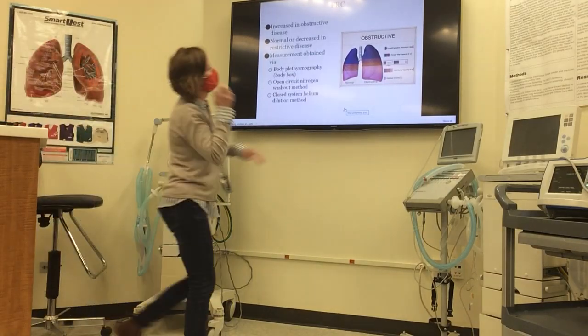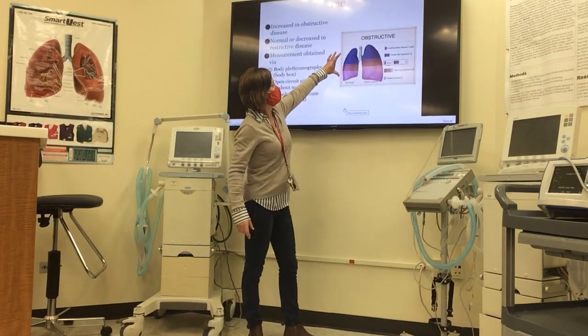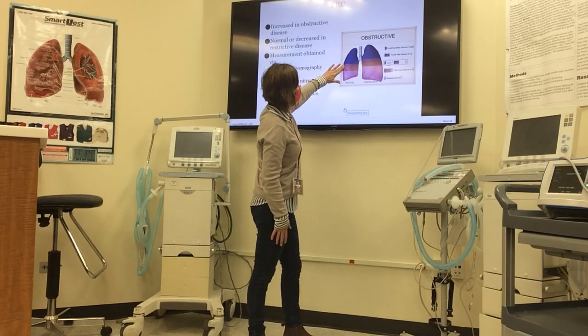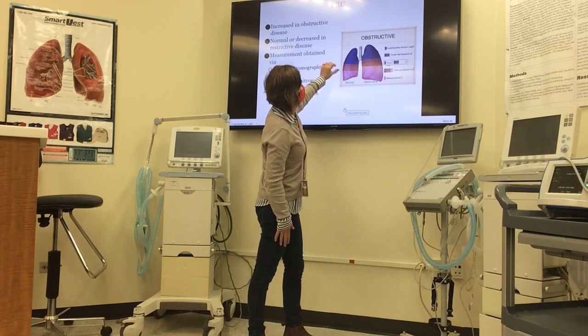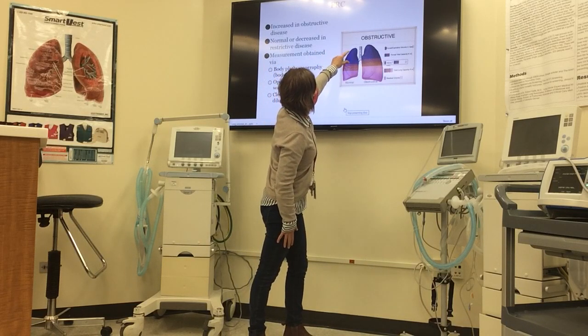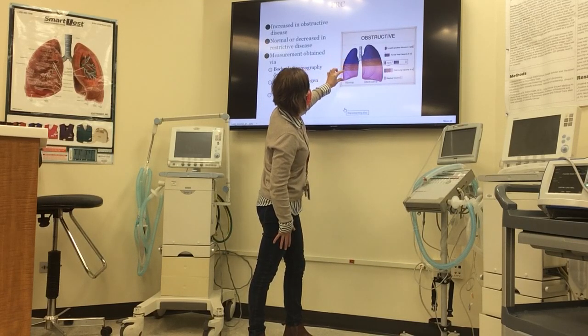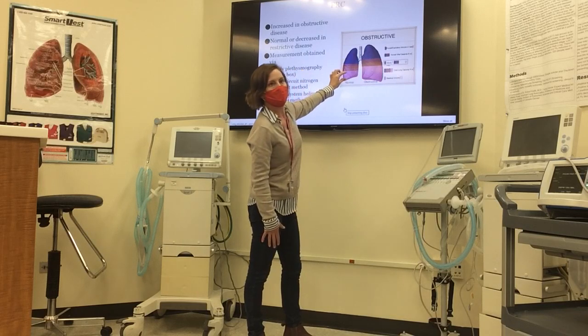So I want you guys to take a look here. This is a picture of a normal lung, and we're looking here at the different levels. Here would be our inspiratory reserve, our tidal, our expiratory reserve, and our residual volume.